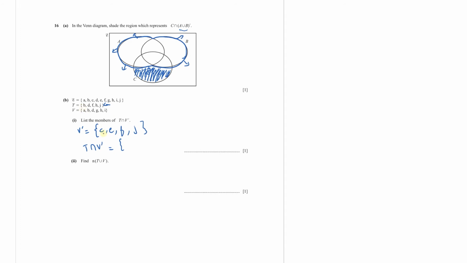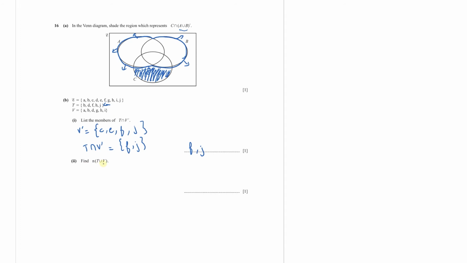B is not here, D is not here, F is here, so this is part of this intersection. H is not here, J is here, so J is also part of this intersection. So T intersection V complement is F and J.